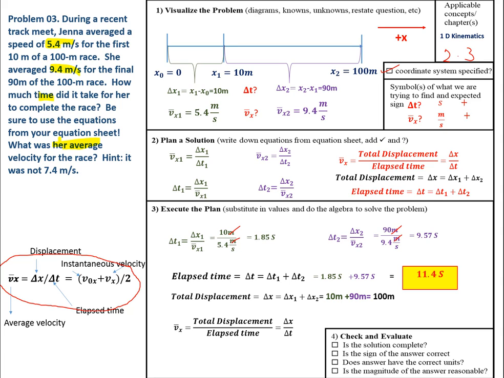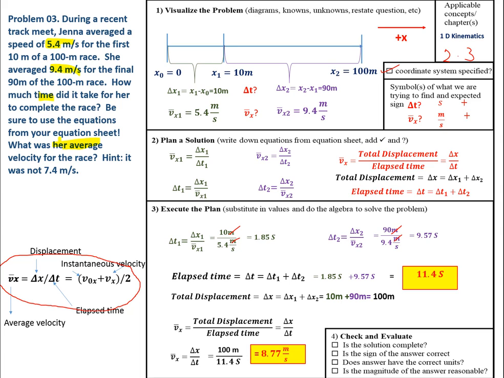Now you have the total displacement, which is equal to 100 meters, and then divide that by 11.4 seconds, and you get 8.77 meters per second for the average velocity. Now you can see the units. You have meters on the numerator and seconds on the denominator, so your unit for the average velocity is meters per second. Okay, now let's check and evaluate.